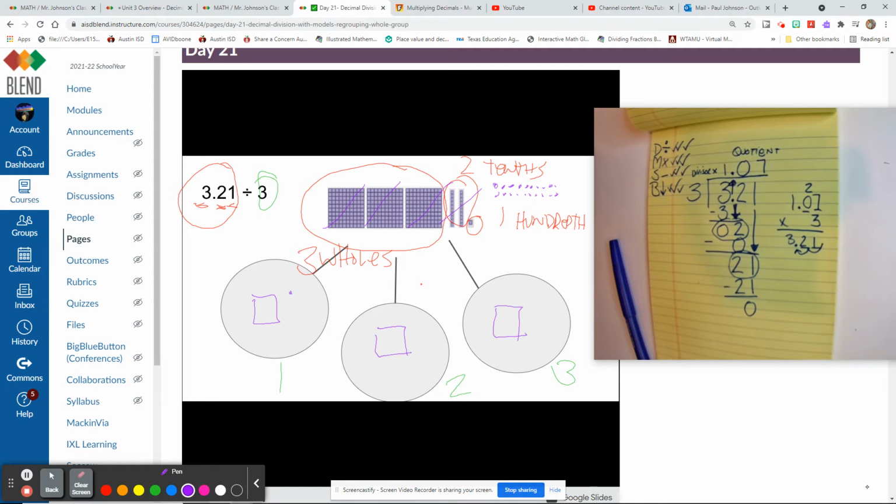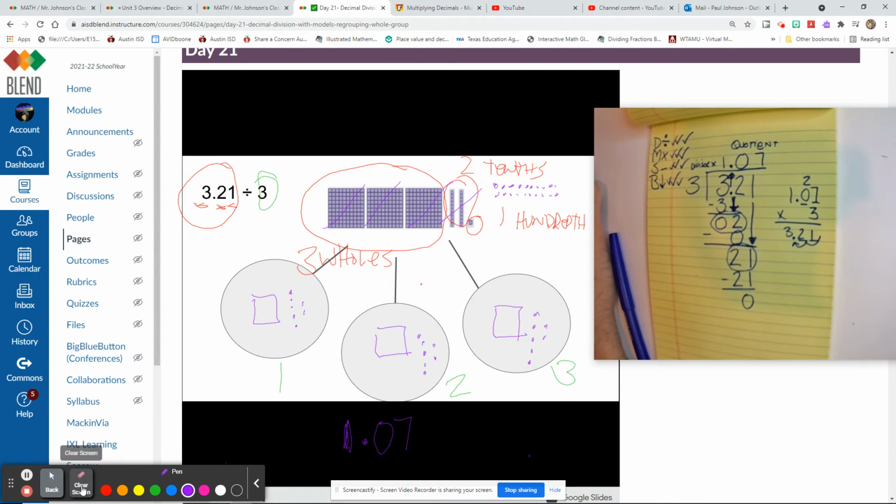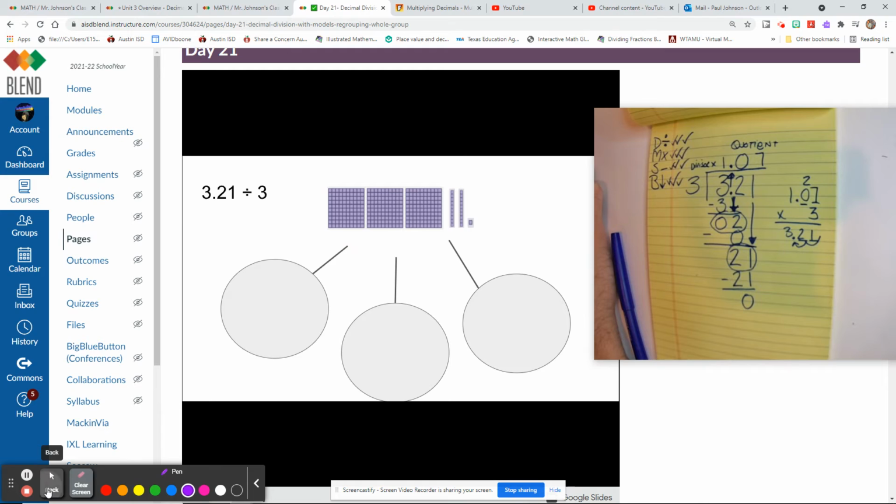So if we put 7 in each group, we've gotten rid of all 21 of them. That also shows us our previous answer of 1 and 7 tenths. So let's go ahead and clear the screen and let's see that happen.